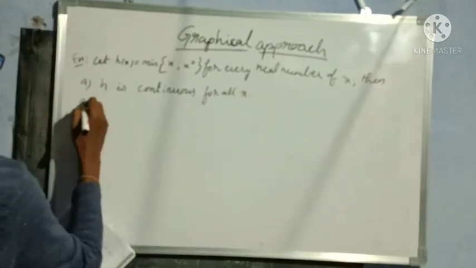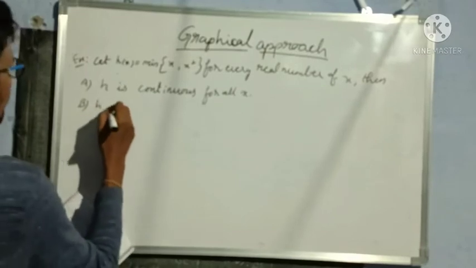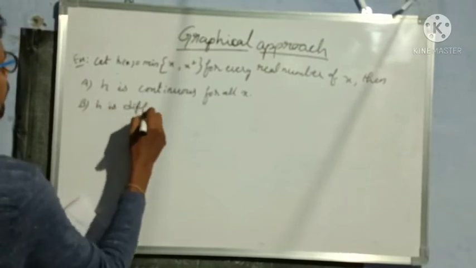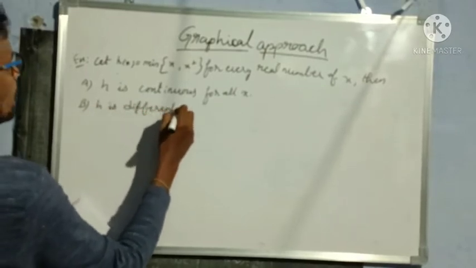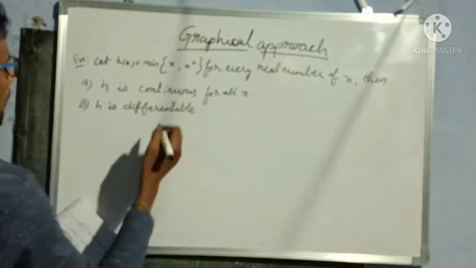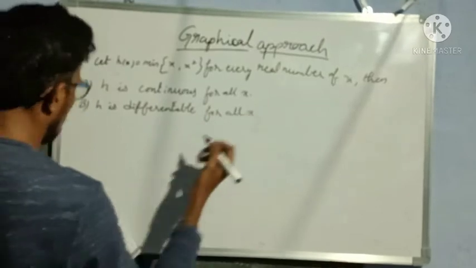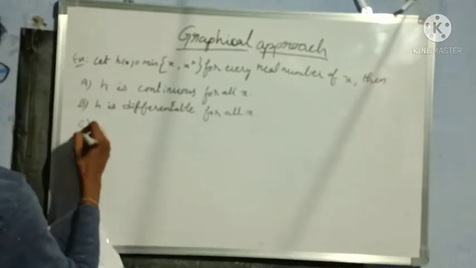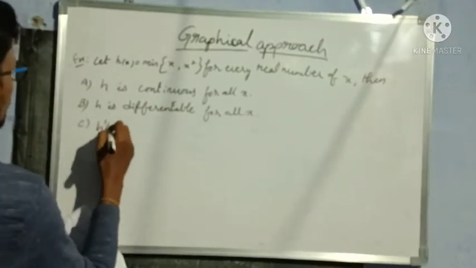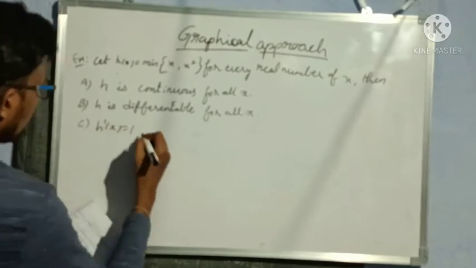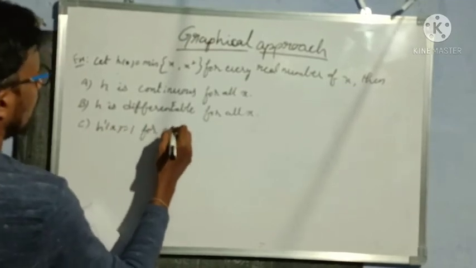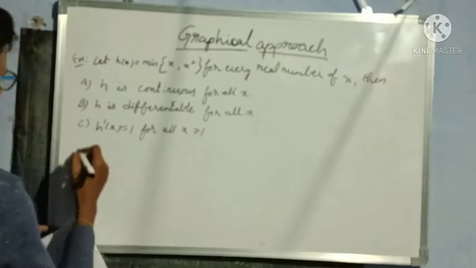Next, second option, h is differentiable for all x. Next, C, h dash x is equal to 1 for all x greater than 1.